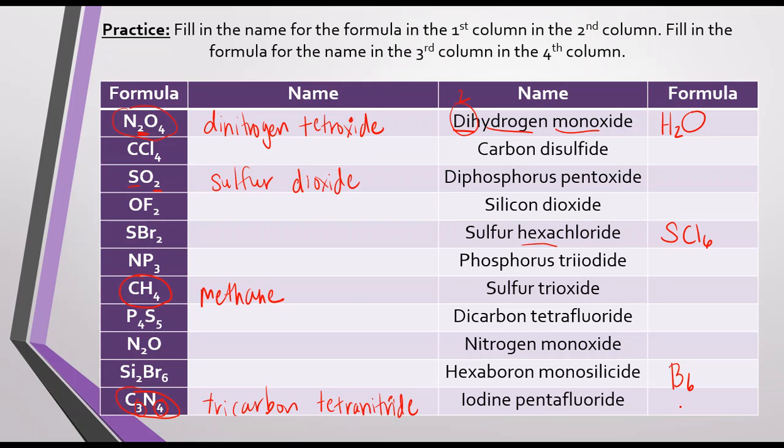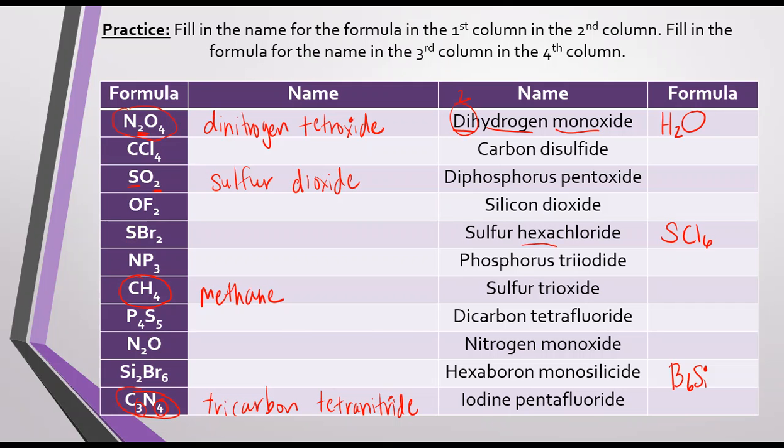Then what's silicide? It's very strange. It's got to be silicon, good. Si. Yes, it's actually B6. Br would be bromine. So B6Si. Very good.